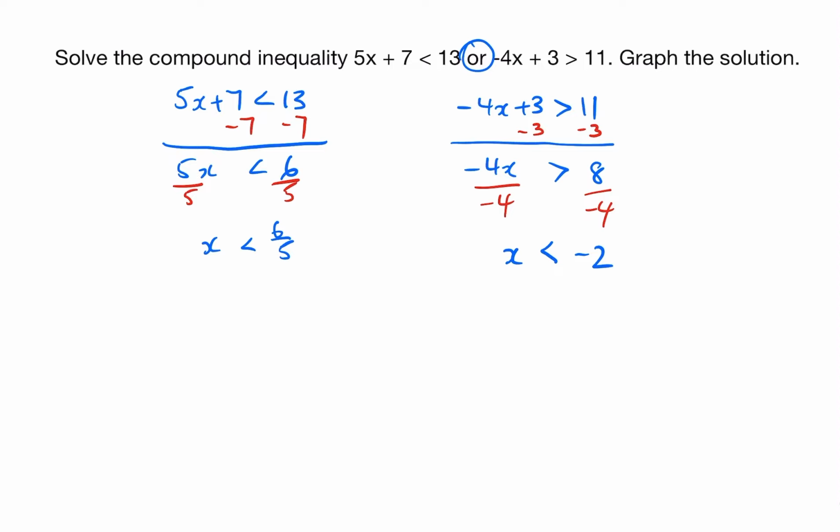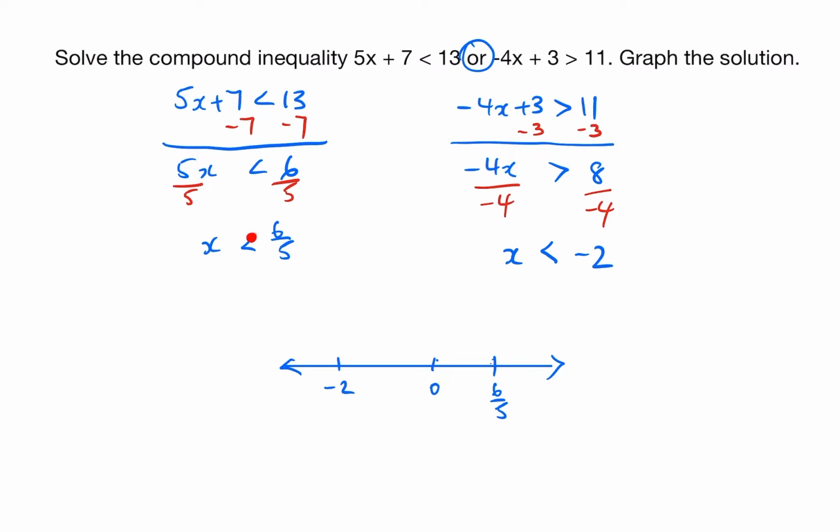Okay, so now if we were to graph this on the number line, we'll have negative 2 over here and 6/5 here, and let's say the 0 is right here. Now let's go ahead and graph this first.